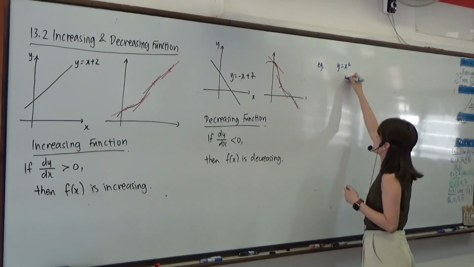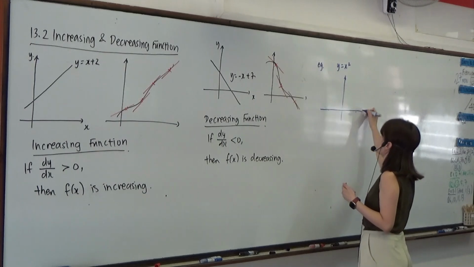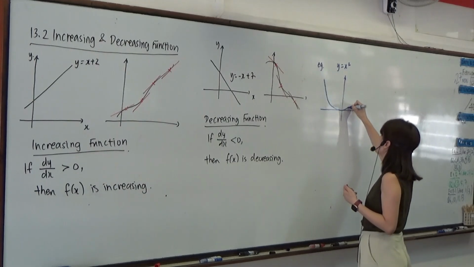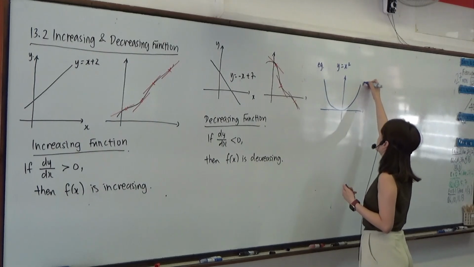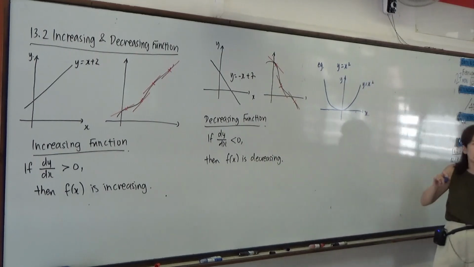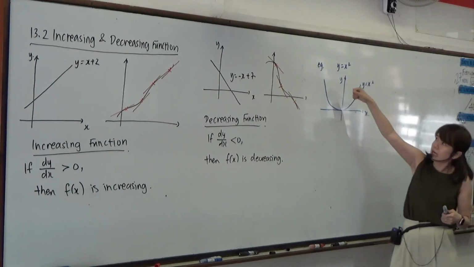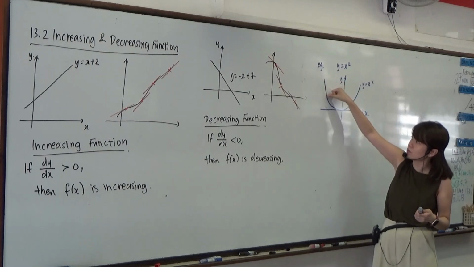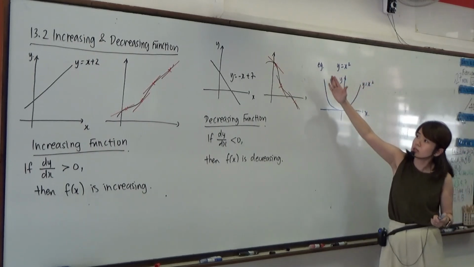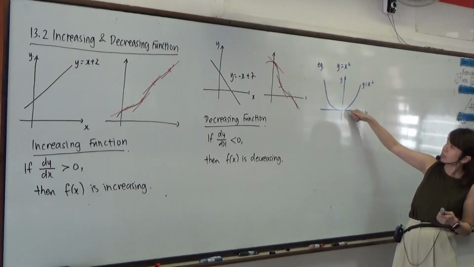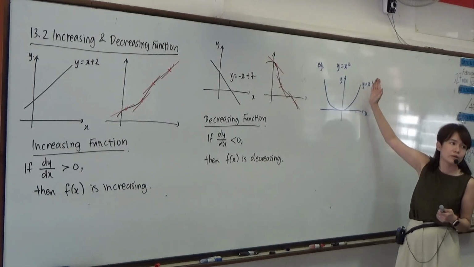your y equals x squared curve. In our y equals x squared curve, we see that down here, the tangents that we draw will be downward, going in this manner, whereas our tangents on this side will always be upwards.